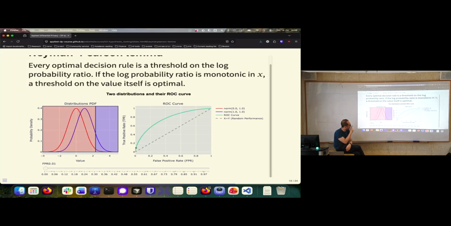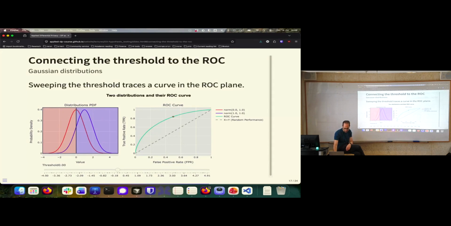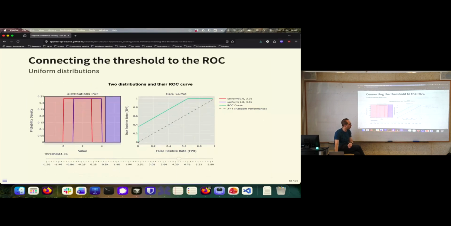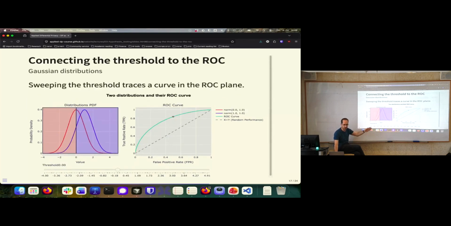So now you might think that I'm showing you again the same plot as before, but no. Look at the x-axis. Two slides ago, I was showing the value of the threshold. So these were different values of the possible threshold, and each one of them induced both this split between the 2 distributions and a point on the ROC curve.